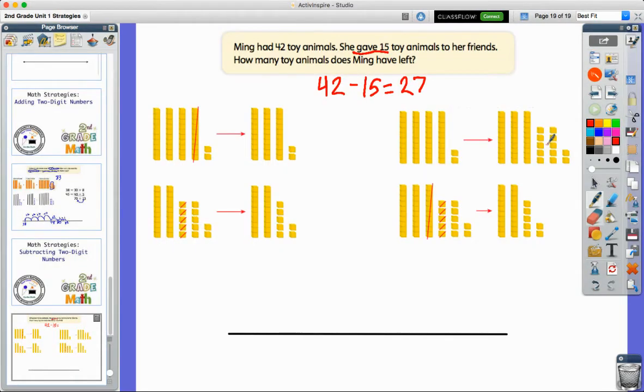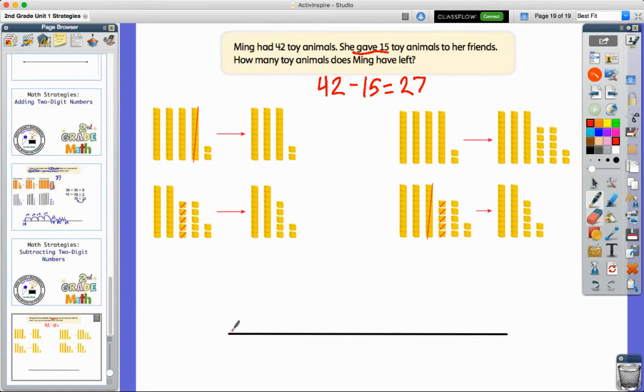Now, we also can use the open number line to help us with subtraction. And in the book, in this lesson, they really worked on focusing our open number line strategy around being able to count on. So we know that we have 42 total, we take away 15.